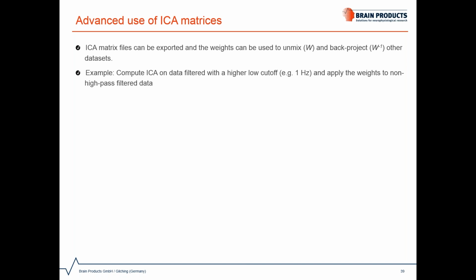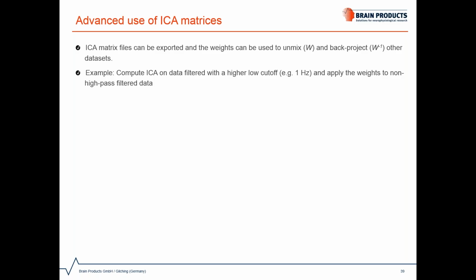And then you would take the weights from this highly filtered data where you applied ICA, and you would apply these weights to differently filtered or even unfiltered data. And for this approach, you need to deviate from the standard pipeline that I just showed to you. And in the first dialog page of the ICA, you need to save for this pipeline the ICA matrices.